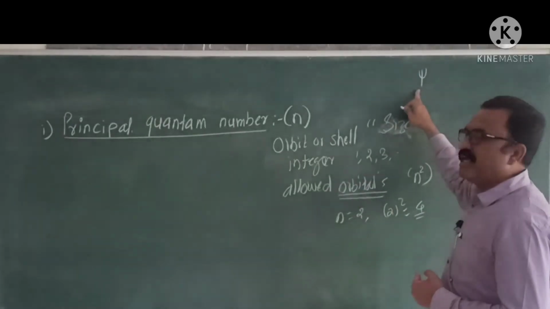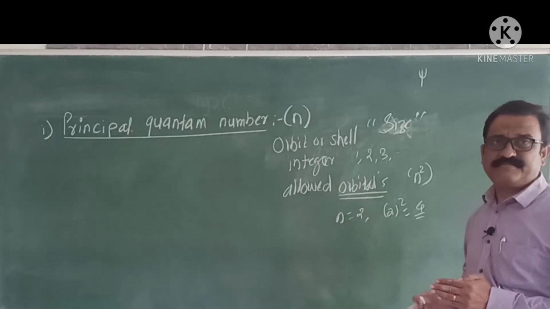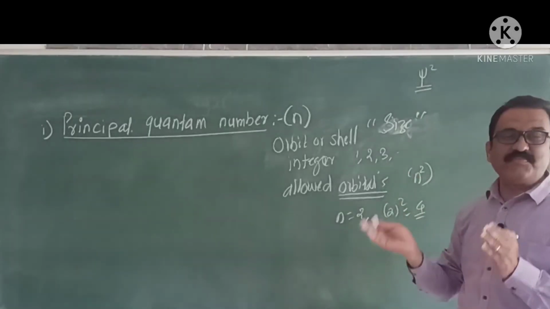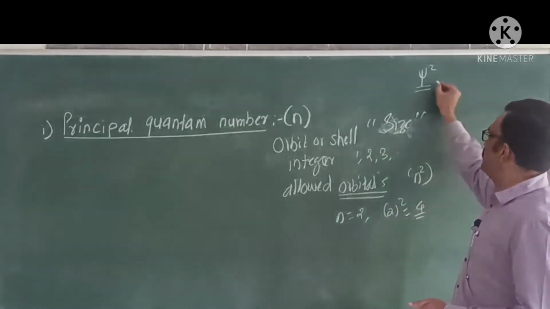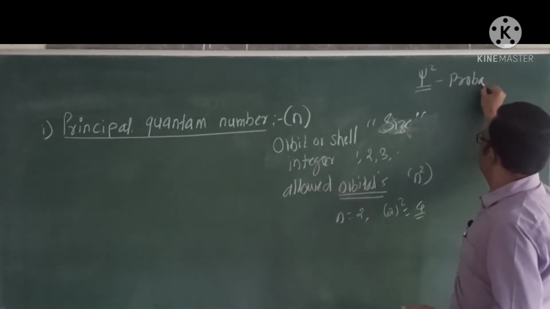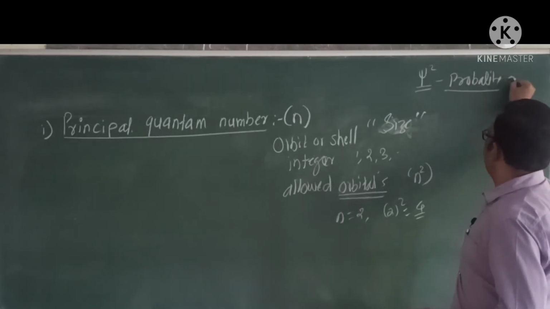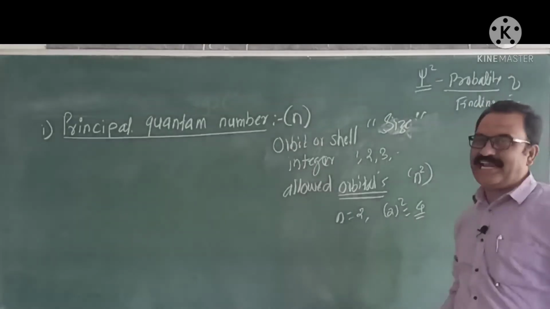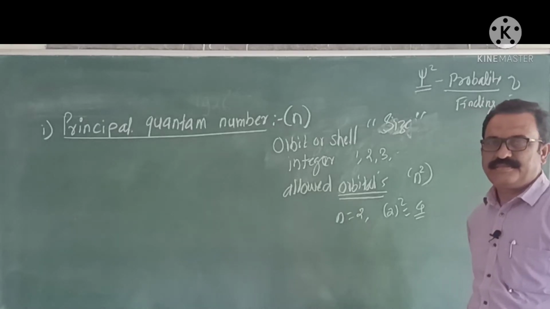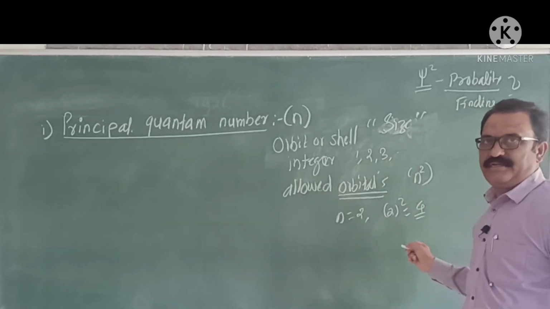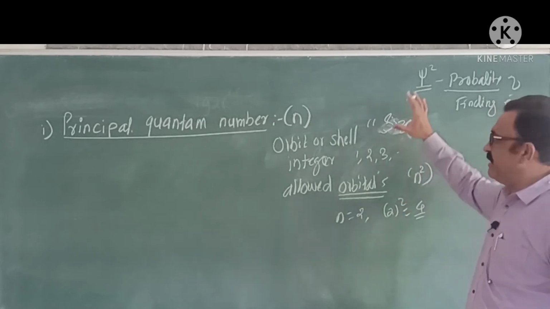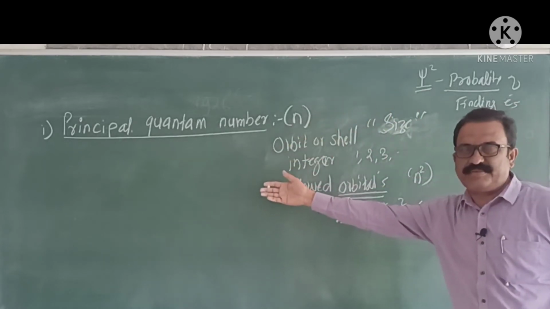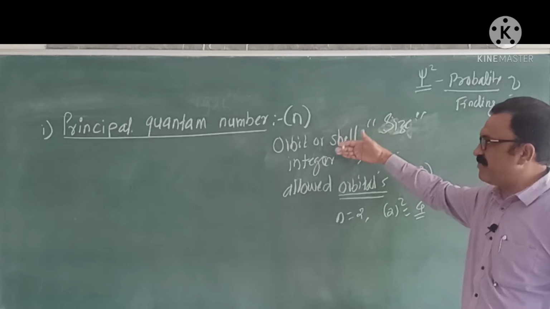This psi does not have any physical meaning, while psi square gives information regarding the probability of finding electrons in an orbit. By using this concept, the first quantum number, the principal quantum number, gives this kind of information for us.